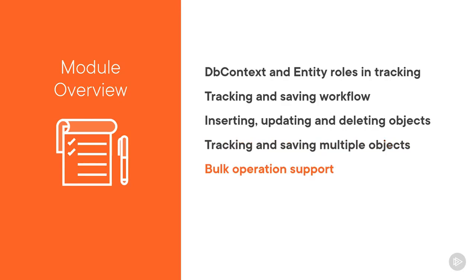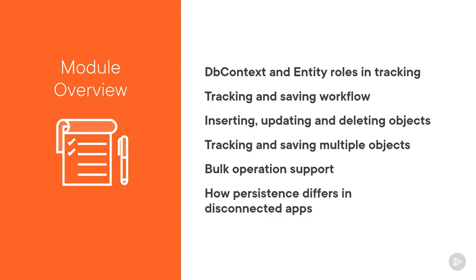You'll learn about EF Core support for bulk operations, which enhances performance when you're saving a bunch of data. Along the way, I'll provide some insight into how persistence is different in disconnected apps like web applications. I'll continue to use the SQL Profiler to provide you with some insight into the SQL that EF Core is sending to the database. So let's get started.